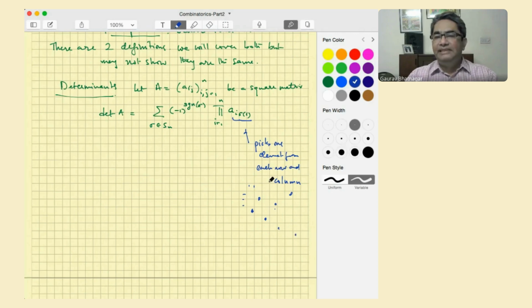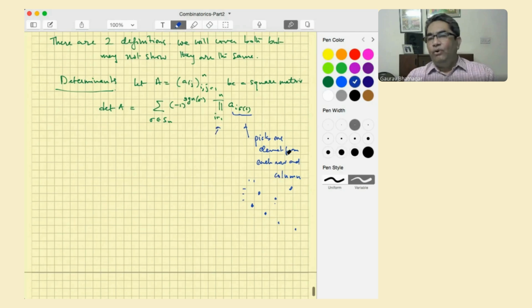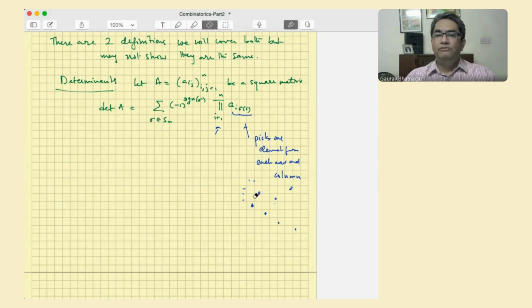So it picks a representative of each row and column, and then multiplies them. You get all possible terms which you would get when expanding the determinant.